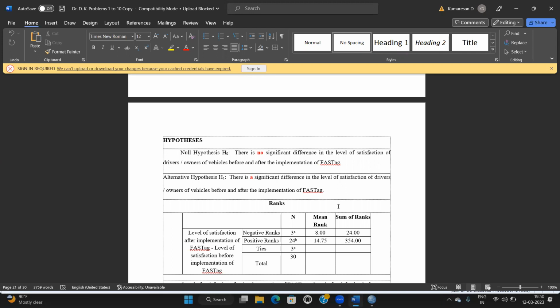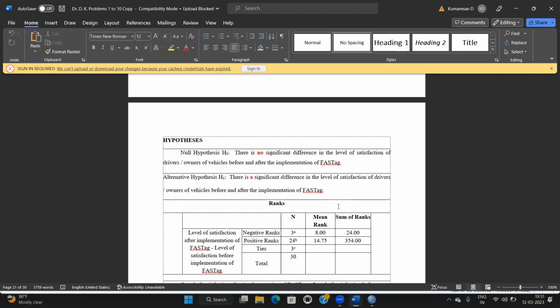So 3 tests of the non-parametric category are compared and contrasted with the 3 similar categories of parametric tests. Parametric test, independent sample t-test; non-parametric test, Mann-Whitney U test. One-way ANOVA, Kruskal-Wallis test. Paired sample t-test, Wilcoxon test. These things you have to keep in mind.